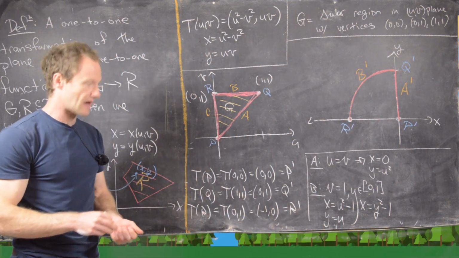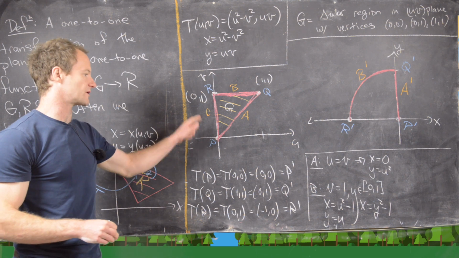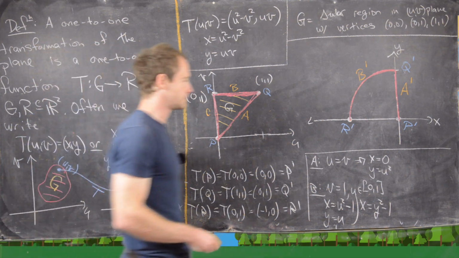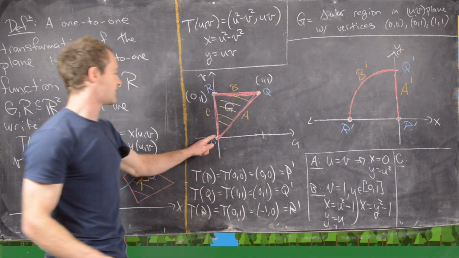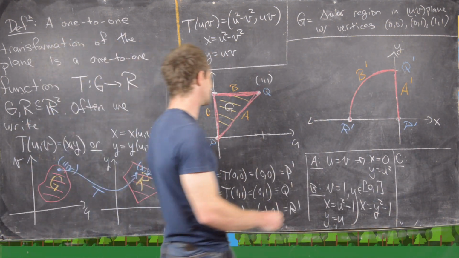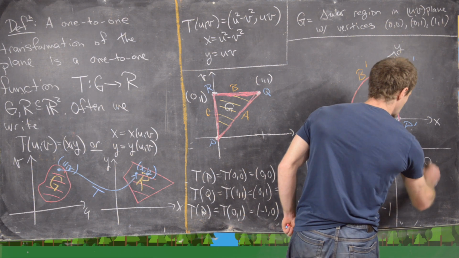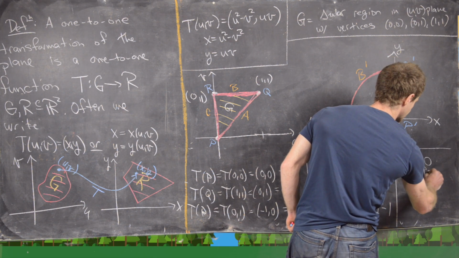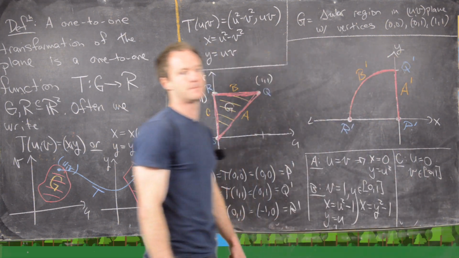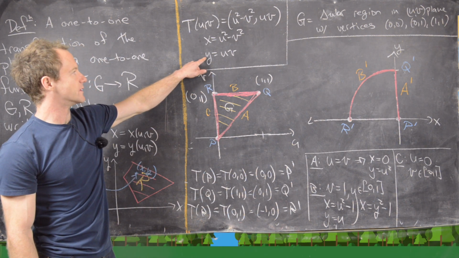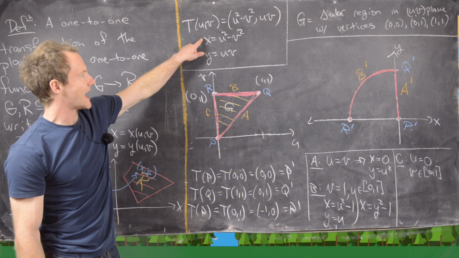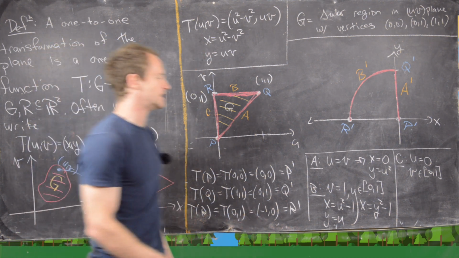Okay, great. Now you can probably guess what our curve C prime is, but let's work that out. So notice on the curve C, we have the following. So we have u is identically 0, and then v is ranging between 0 and 1. So let's see what we get there. So that means y is going to be 0, and x is going to be negative v squared.